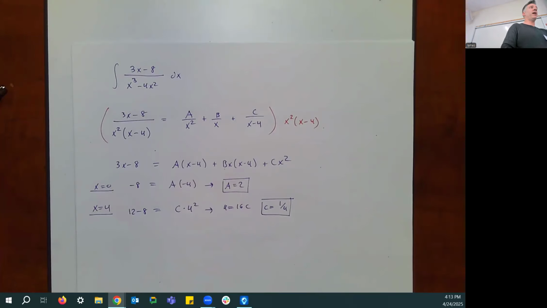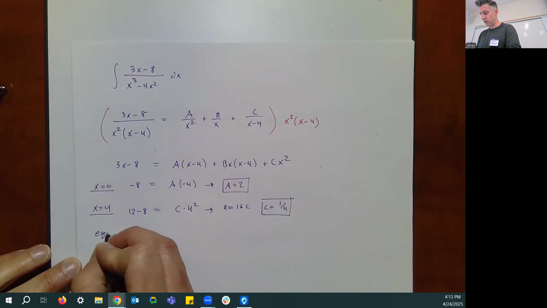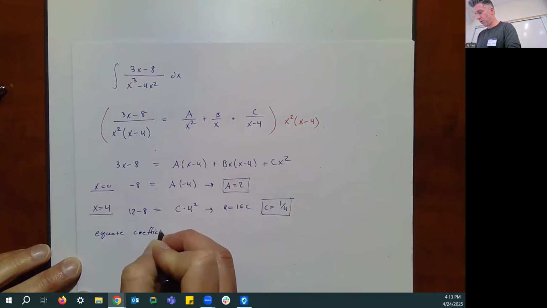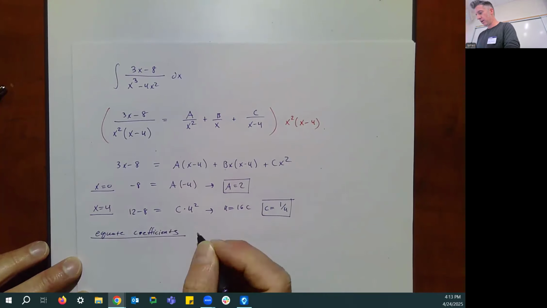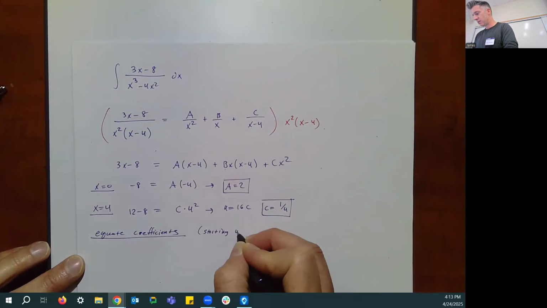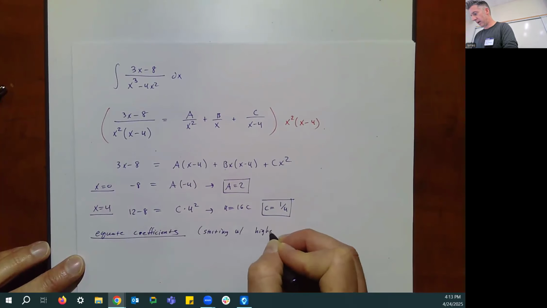If there's only one thing left to find, it's usually pretty safe to just plug in some other value of x. I don't recommend it, though, because sometimes you're still dealing with gross fractions. There's a better way. The better way is to equate coefficients. And the smart way to do this is by starting with the highest power of x on either side.